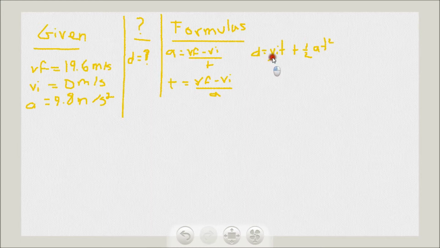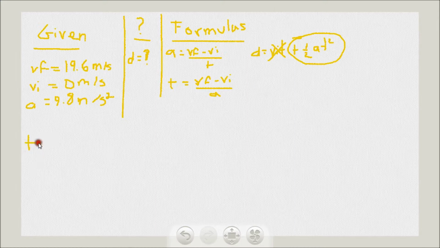It will be 0. So that doesn't matter for this problem, and the only thing that matters is 1/2 of a t squared. So for this problem, the distance will be 1/2 of a t squared. So let's try to find the time first so we can use this formula.